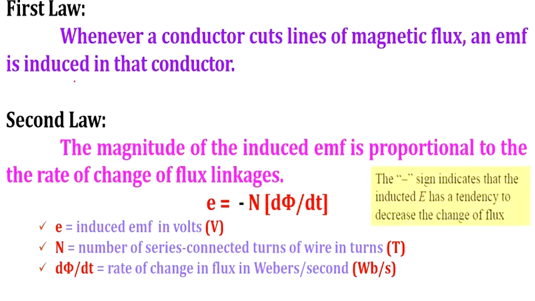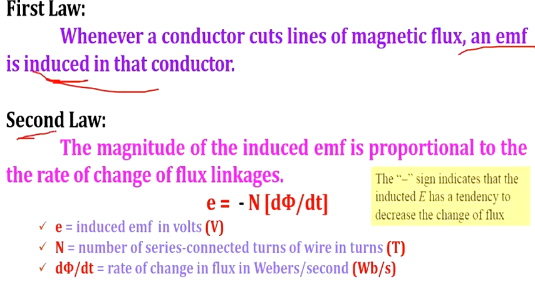Faraday's law of electromagnetic induction has two laws. The first law: whenever a conductor cuts the lines of magnetic flux, an EMF is induced in it. The second law is applied to find the magnitude of induced EMF.